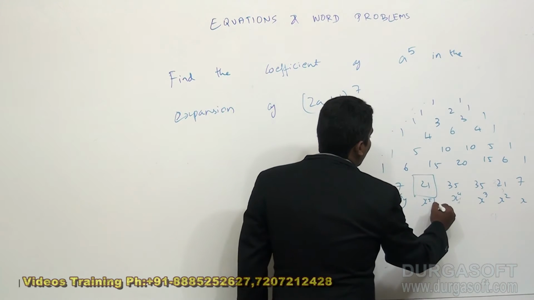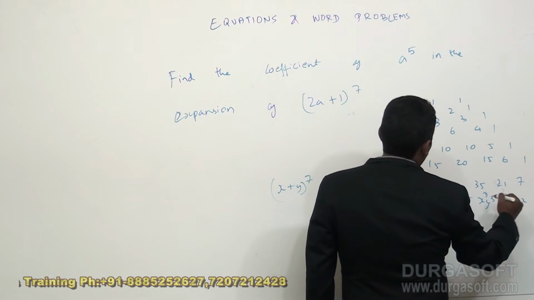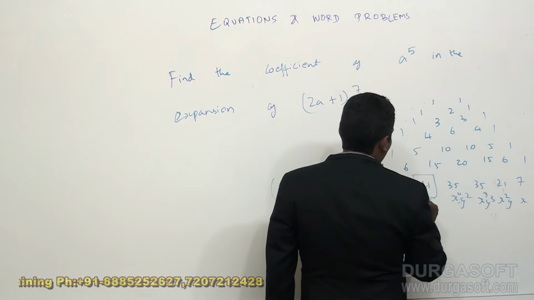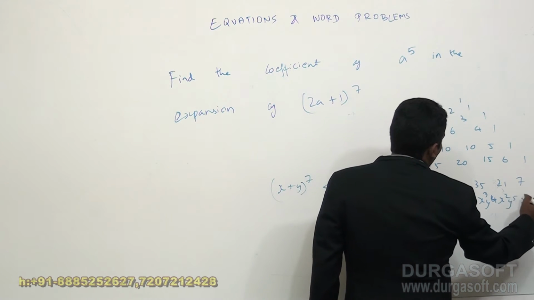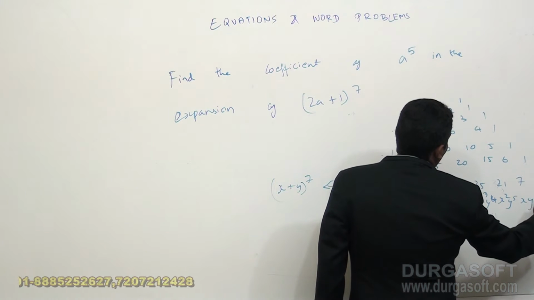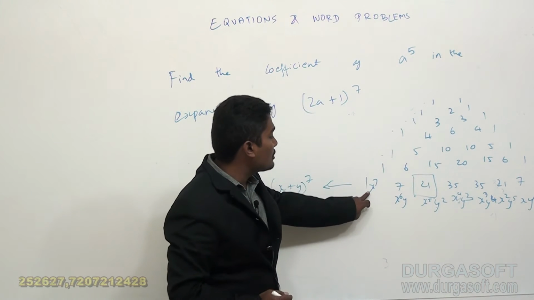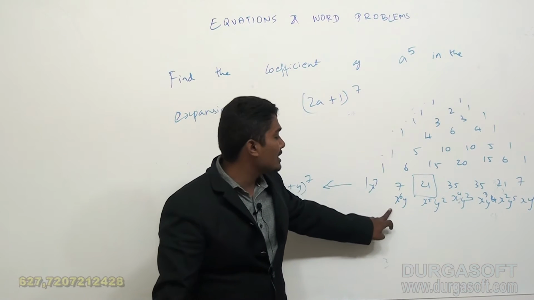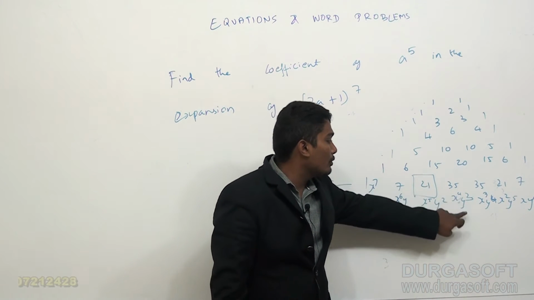In the same way for y: y, y square, y cube, y power 4, y power 5, y power 6, y power 7. So this is how I will be writing: 1 x power 7, 7 into x power 6 y, 21 into x power 5 y square, 35 into x power 4 y cube.